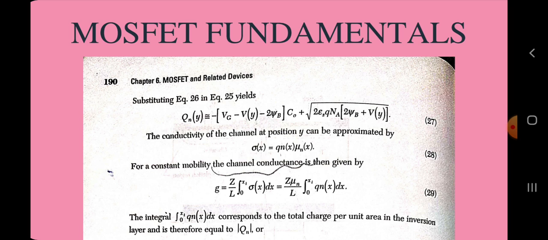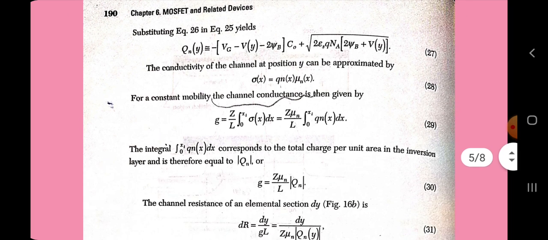So this gives us Z mu n divided by L, integral with limits of 0 to x1 of Qn(x) dx. The integral of Qn(x) dx with the limit 0 to x1 corresponds to the total charge per unit area in the inversion layer and is therefore equal to Qn, or G is equal to Z mu n divided by L into Qn.